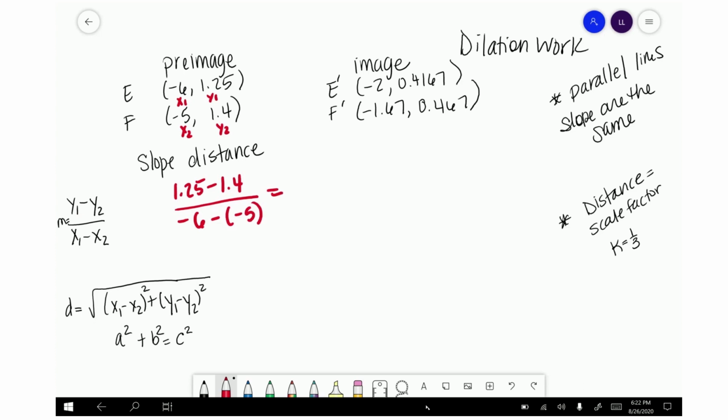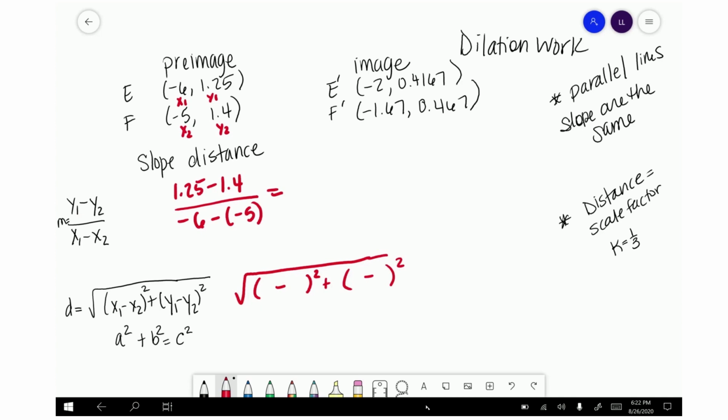To figure out the distance, remember you're plugging in, or substituting is the correct word for it.